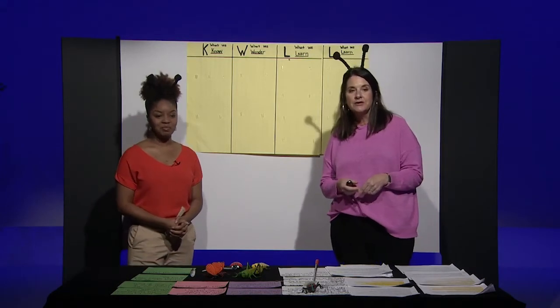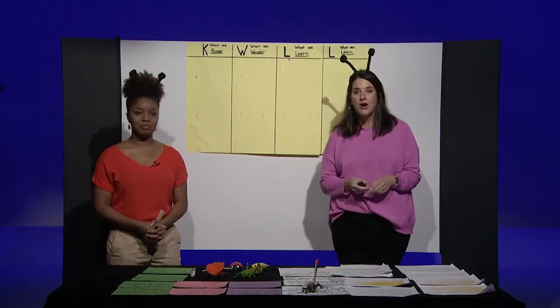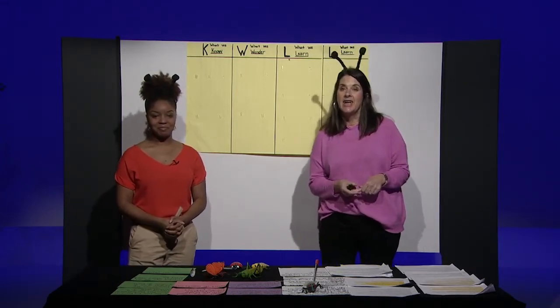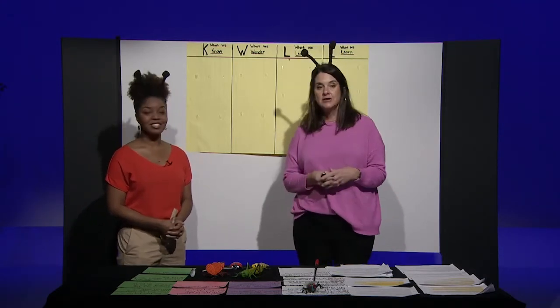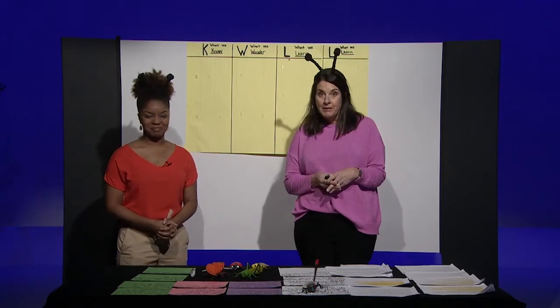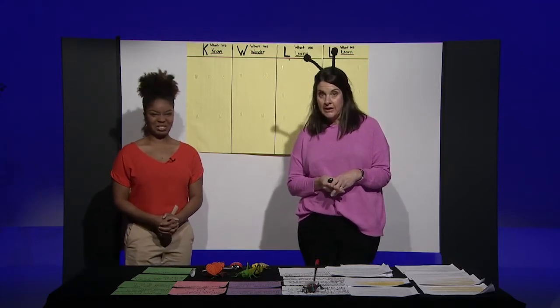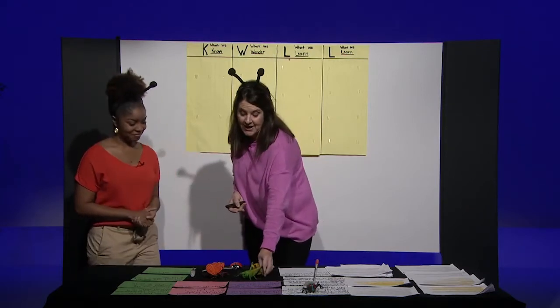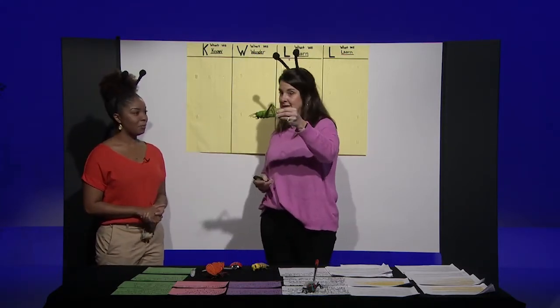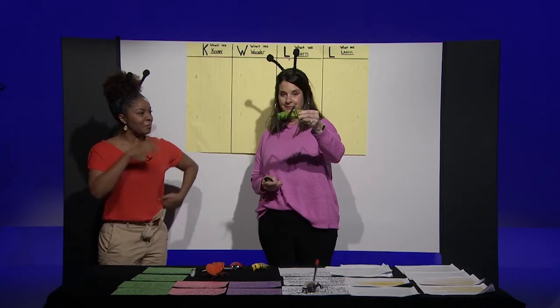For the next several days, we will be learning about small, 6-legged insects that have 3 body parts, and they are creepy, crawly insects. And we happen to have some here with us today. Do you know what this is, Miss LaTondra? I'm not sure, Miss Allison.